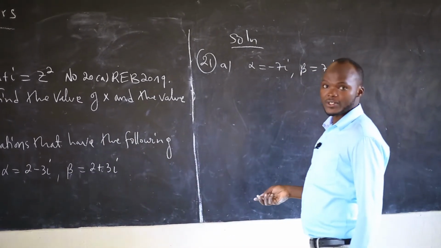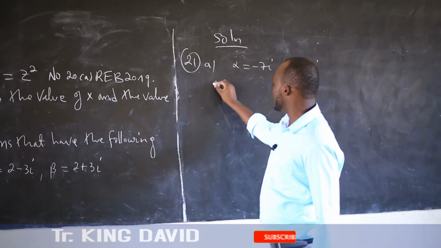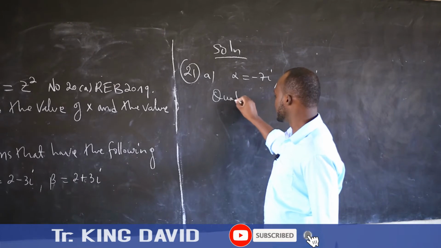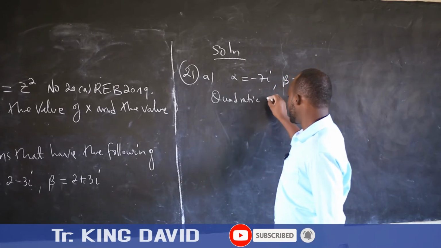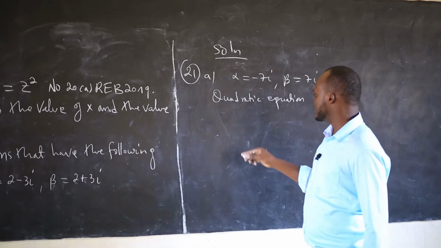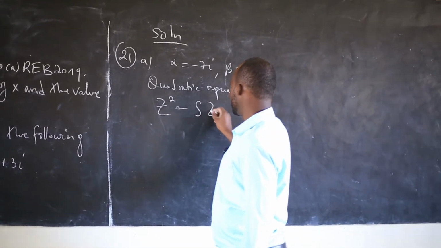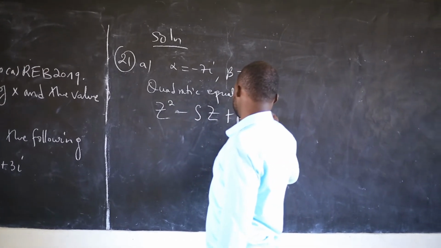So to find the quadratic equation, remember the quadratic equation is z squared minus sz plus p equal to 0.